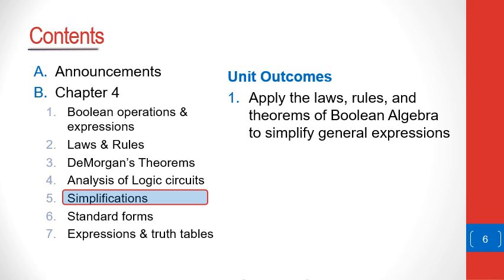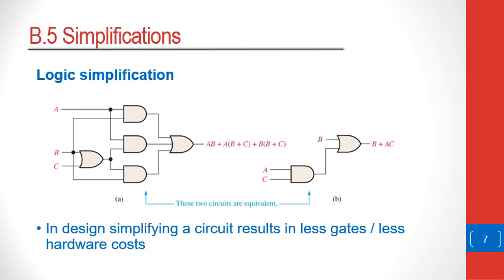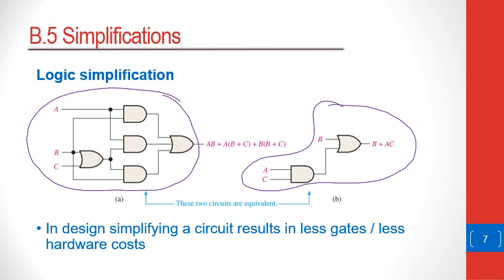So then moving on to section 5, we'll look at simplification. We'll look at how to apply the Boolean algebra laws, rules, and De Morgan's theorem to simplify general expressions. So this should be what you're comfortable in doing. In design, you can see in this case, this logic circuit or digital system is equivalent to this digital system.